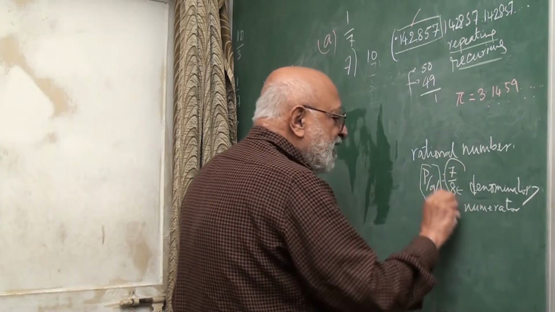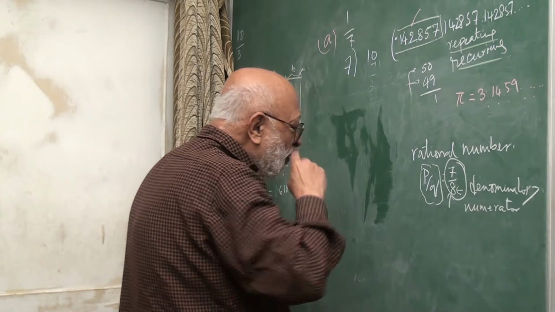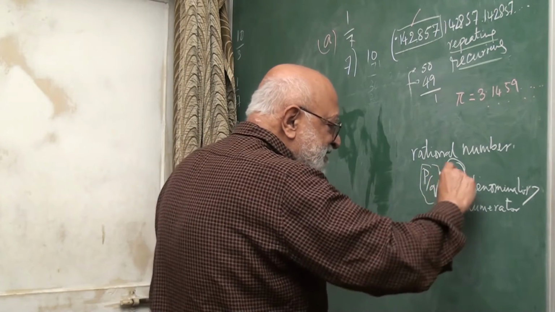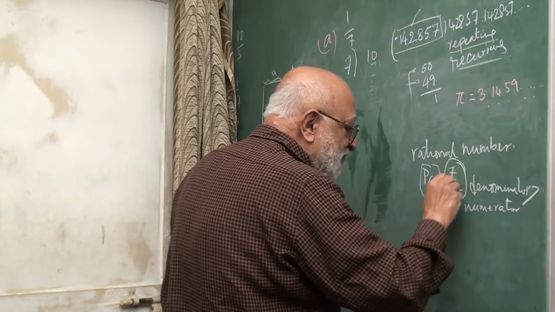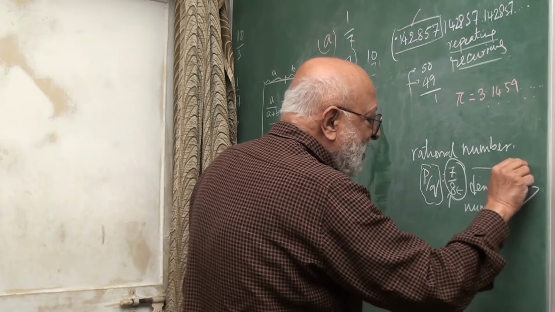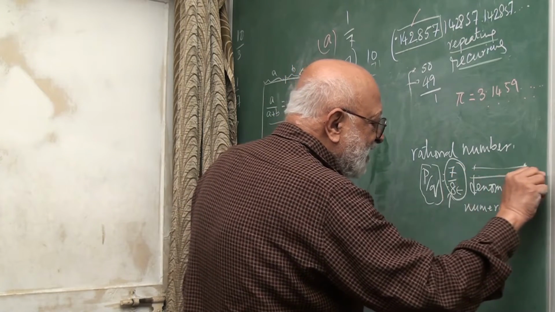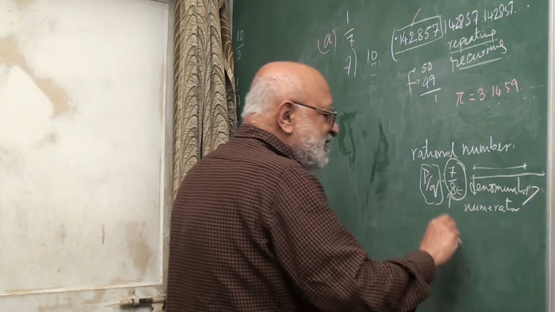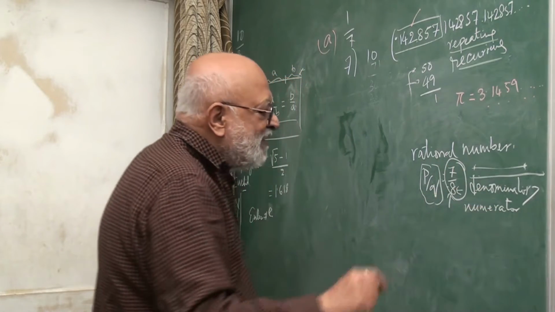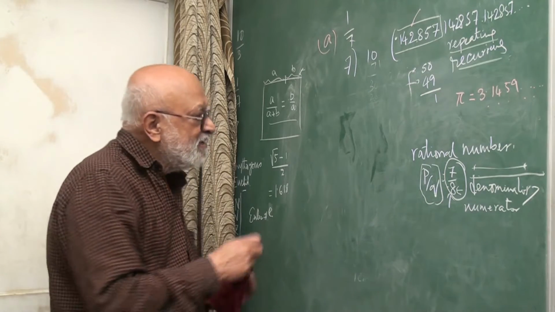That's why you get a fraction. This is terminating, which means this is definitive. I can take a tape and take 7 measures here, and another length which measures 8, and it will be definitive. The question of any kind of error will not come in there.